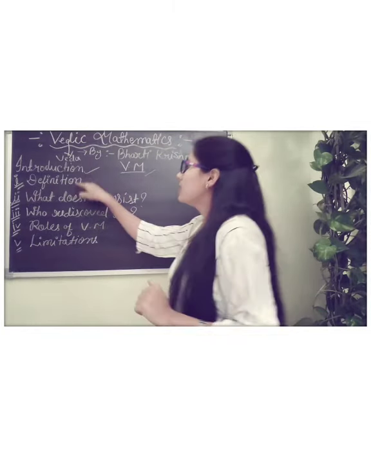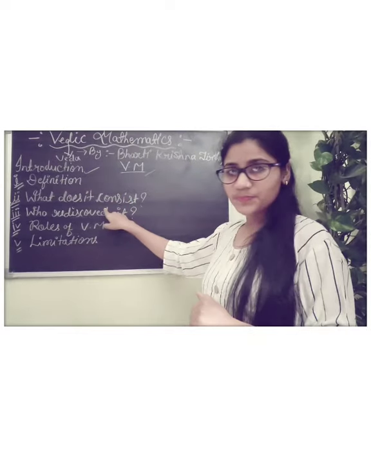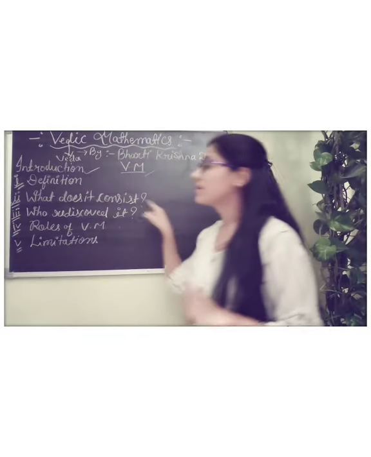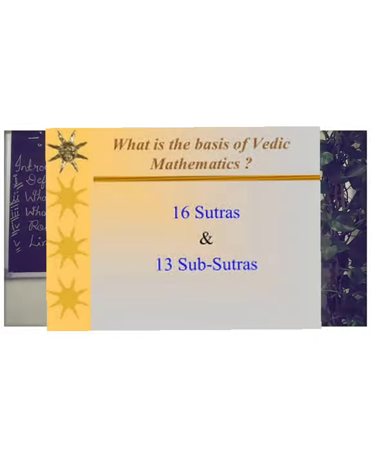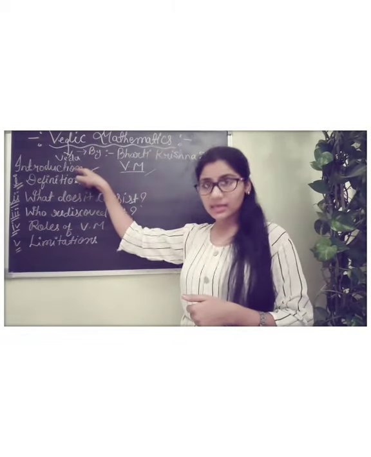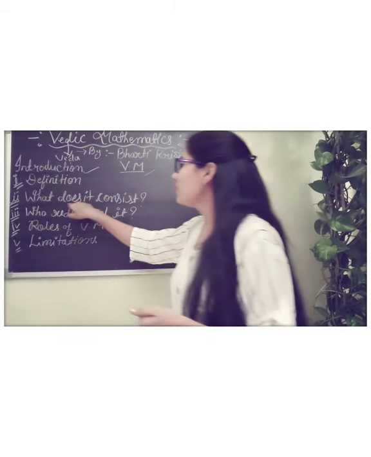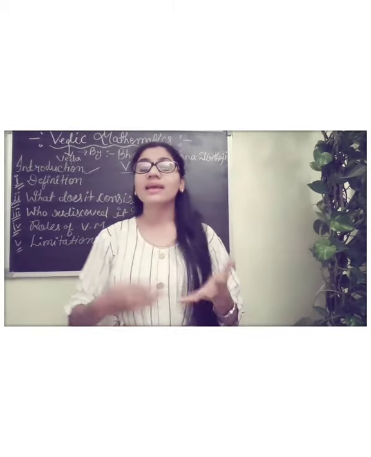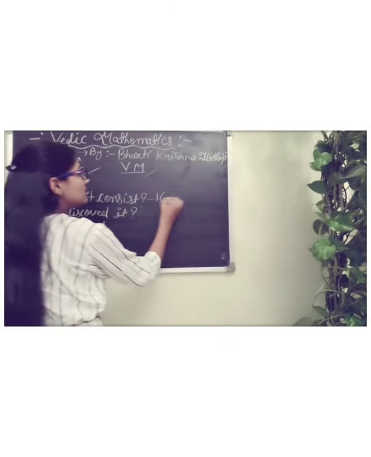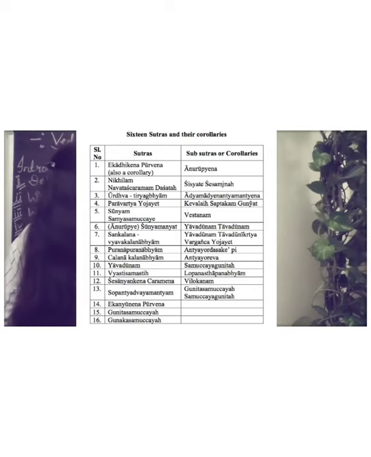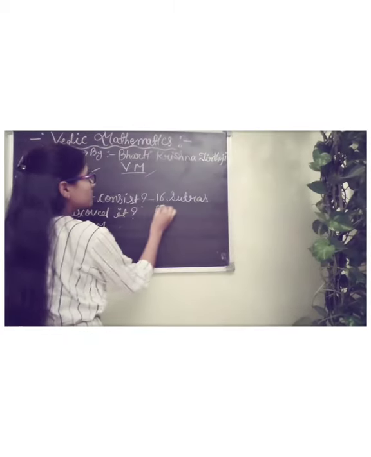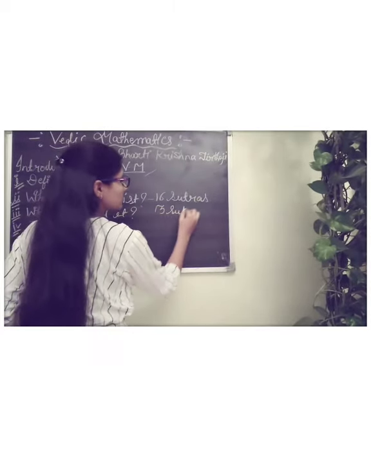Then the second thing: what does it consist of? As I already said, it is derived from the holy scriptures, so it will consist of something like that only. It consists of 16 sutras and 13 sub-sutras.